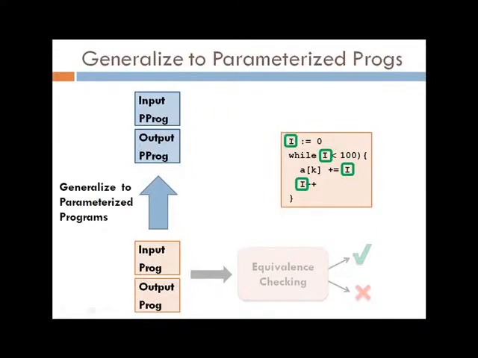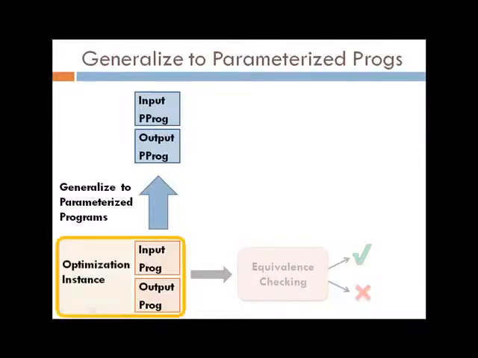Similarly, let's take the loop bound of 100 and replace it with the parameter e, which ranges over expressions. Finally, let's take the array update in the loop body and replace it with parameter s, which ranges over statements that can represent arbitrary code, including branches and even loops. We now have an example of a parameterized program in our system, where I can range over variables, e over expressions, and s over statements.